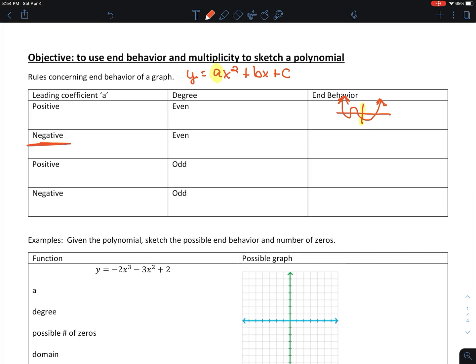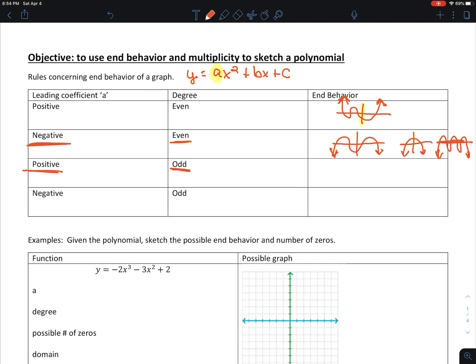However, if the leading coefficient is negative and the degree is even, then both of our ends go towards negative infinity, and your graph will look something like this. It can look like a quadratic, or it could have several terms in it, but we just know that at the end, both sides are going towards negative infinity.